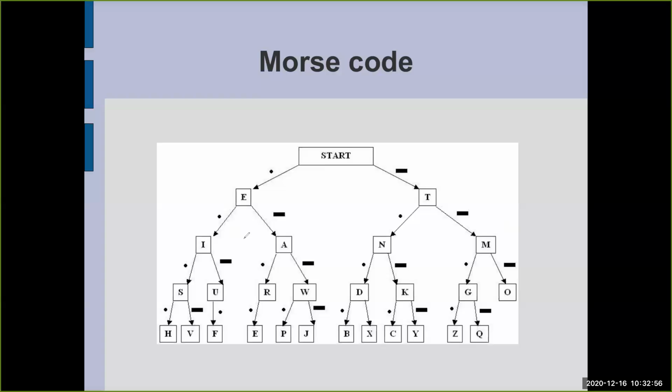So the time of sending E is the shortest because it occurred the most often. So using this method, he aimed to minimize the time of sending messages using Morse code.